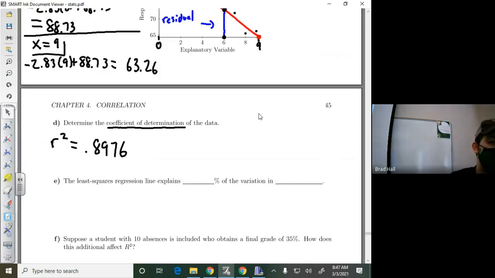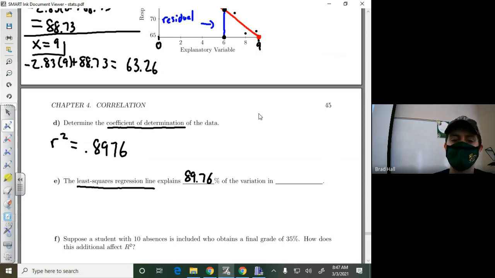But to interpret this, that means that the least squares regression line explains, and this is when we use the coefficient of determination, 89.76% of the variation. What is it the variation in? It's always whatever the response variable is.